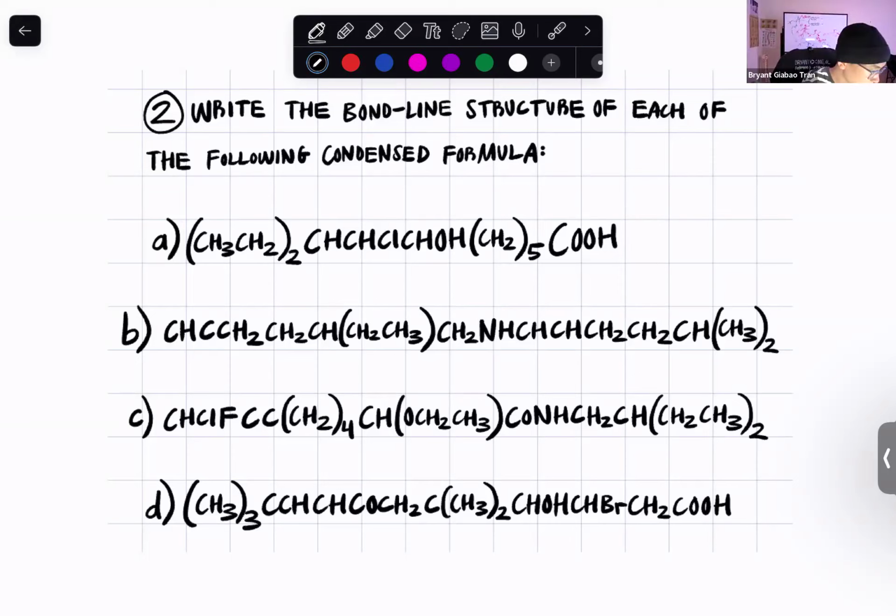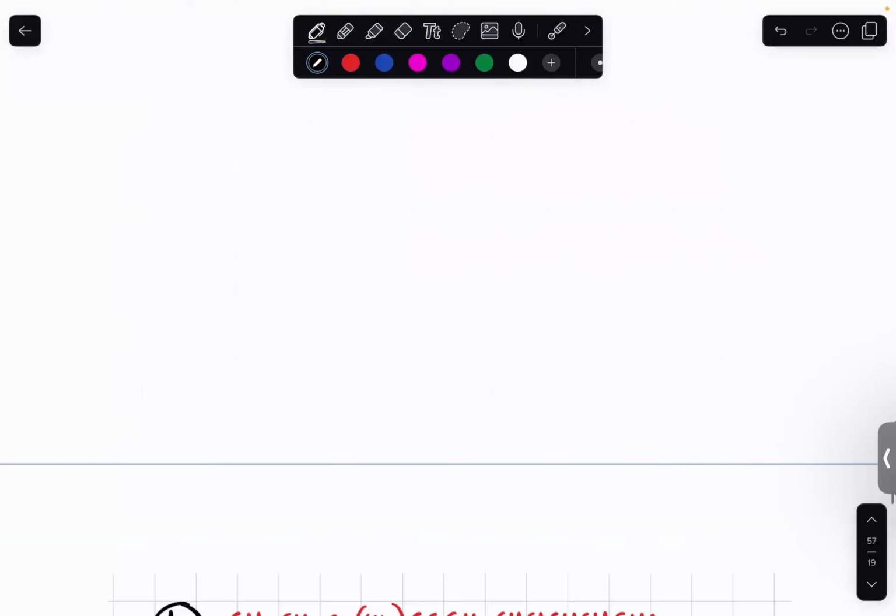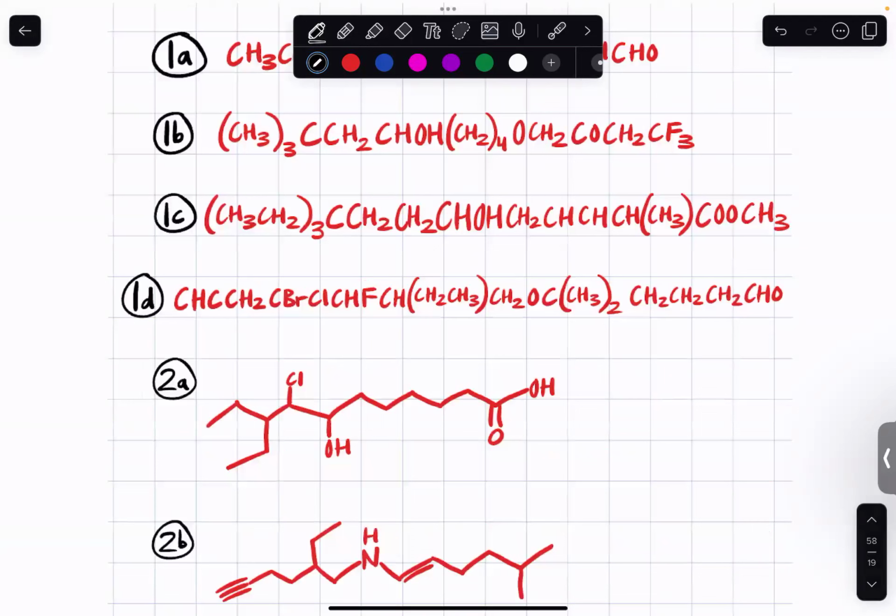Okay. Oh, the game closed. Let's see. Week 1, drawing organic structures.